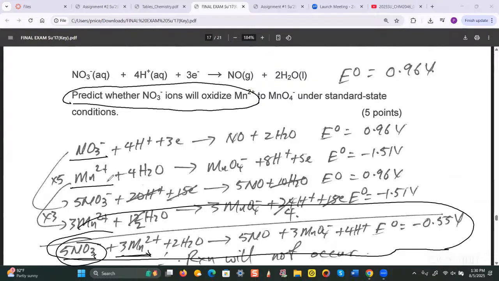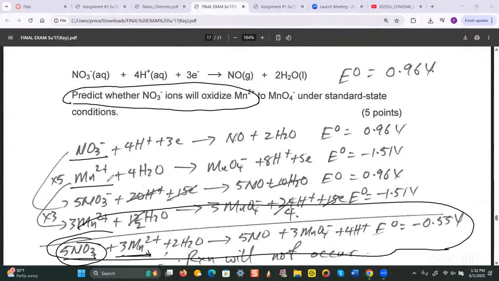Okay, could we still answer this question if we had this final equation reversed and it was positive? Yeah, you could. You could say that the reverse reaction is where the oxidation will take place, but because the reverse reaction is not spontaneous, then we know that the oxidation will not take place.